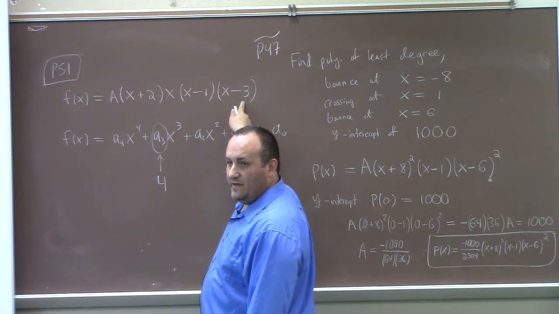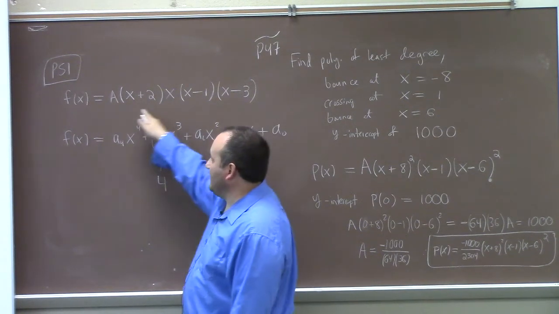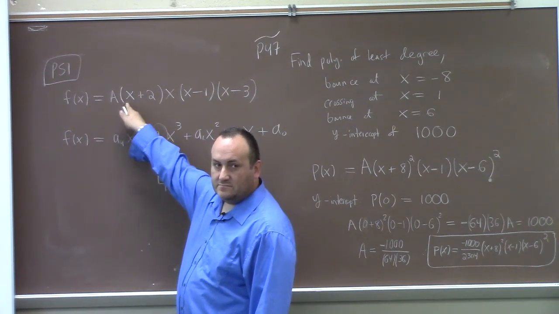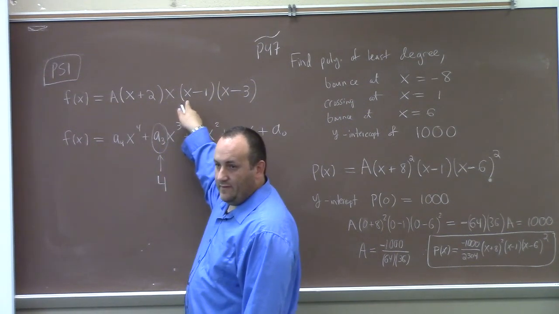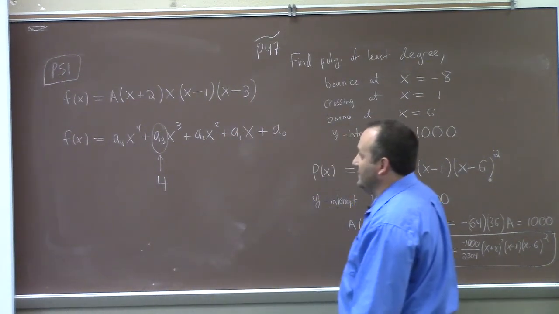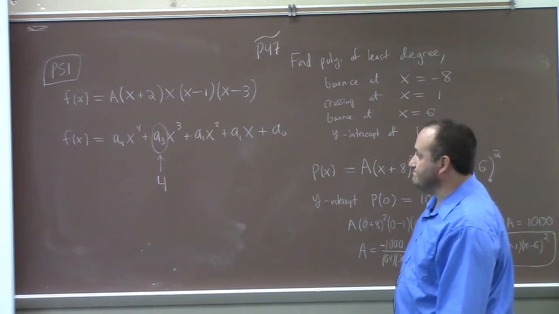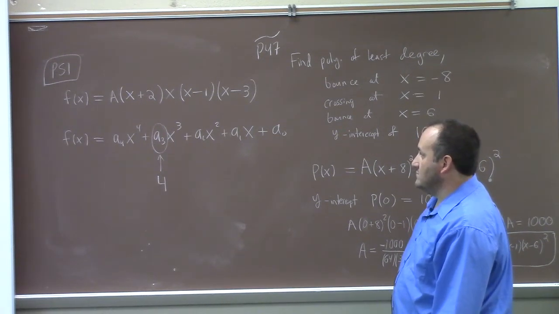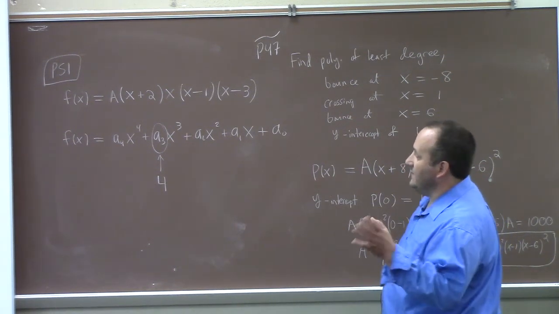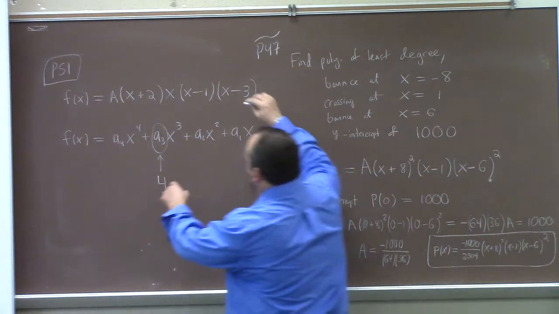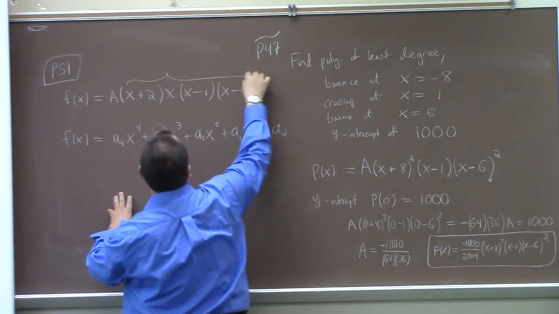When I multiply this out, I will have f of x in standard form, where each of the coefficients is given in terms of big A. Then I can compare and figure out what big A is from just focusing on the cube term. I'd leave the A out front just to not write it 1,000 times, but basically I would multiply all this first.